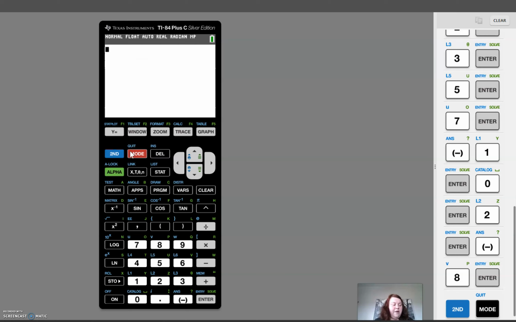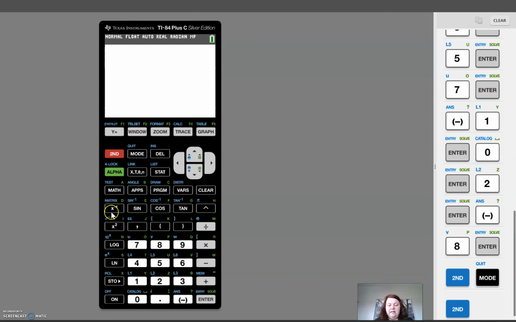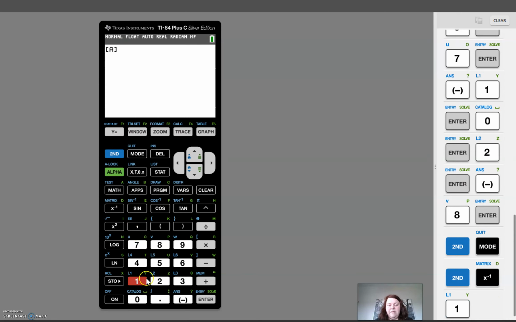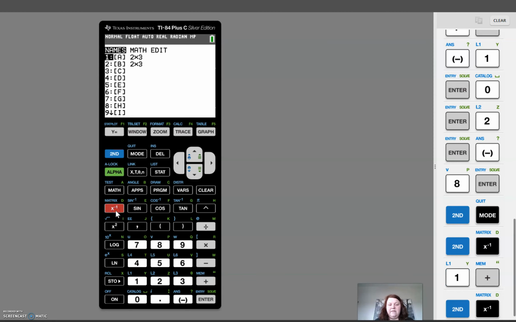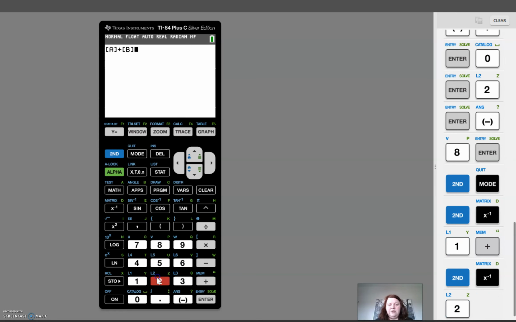So now we're ready for step 2, adding or subtracting the matrices. So let's say I wanted to add matrix A plus matrix B. To do that, I'm going to go back to second, X to the negative first, and I'm going to go from Names. So I'm going to choose 1 to get matrix A, press my plus sign, and then to get B, we'll go second, X to the negative first, choose option 2.